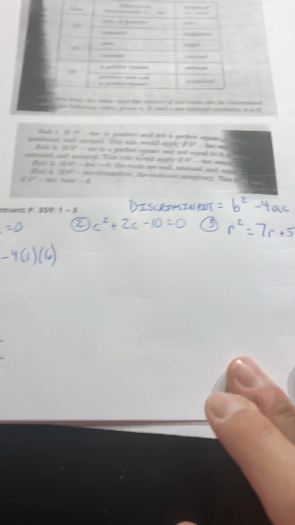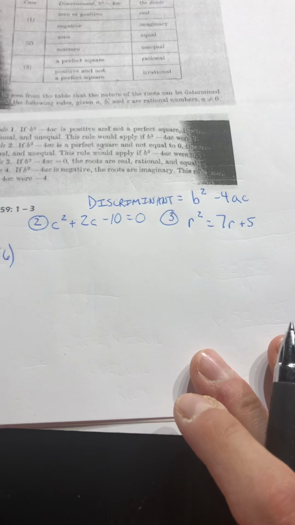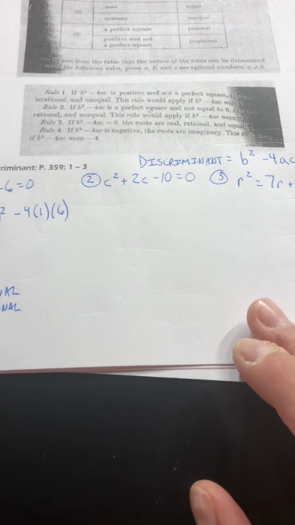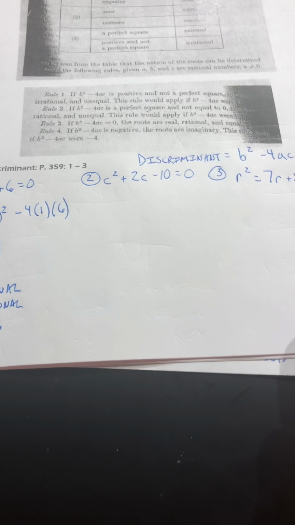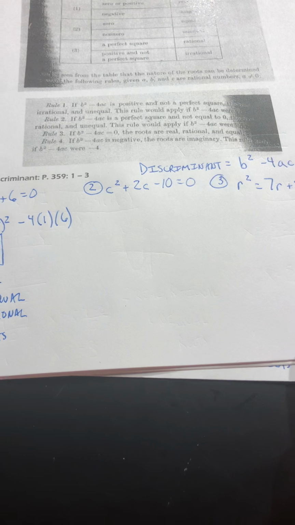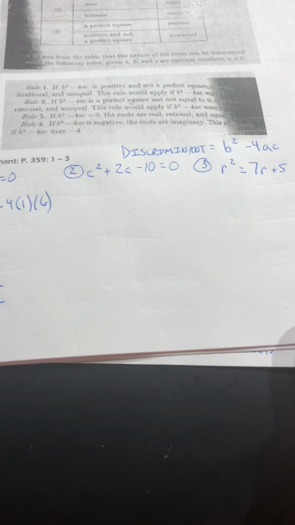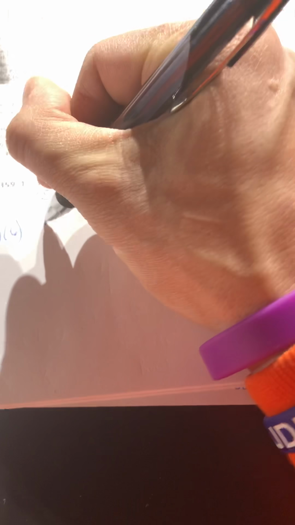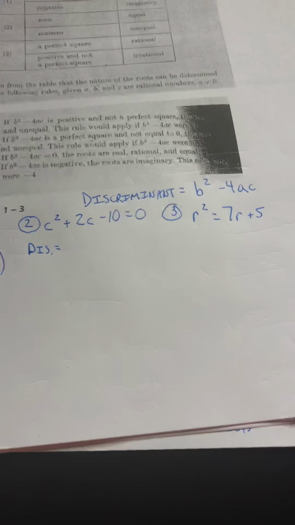All right. Next thing we're going to do is we're going to take a look at number 2. Now, the first thing we need to do is make sure it's in standard form, and it is. All right, so we have our discriminant. So we're going to write discriminant is equal to, we're going to plug in.